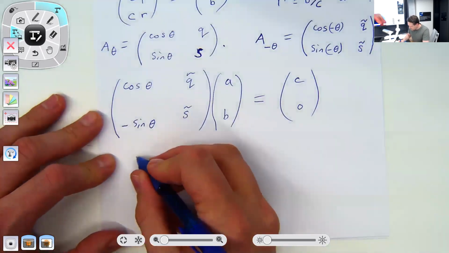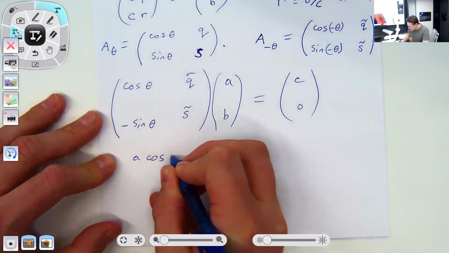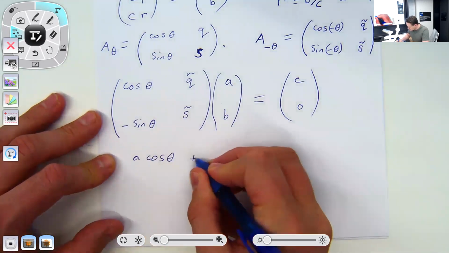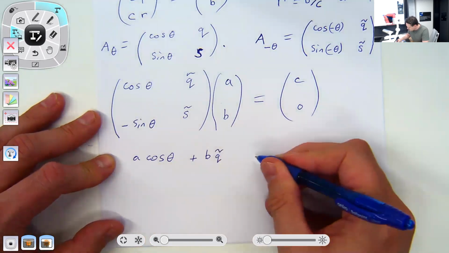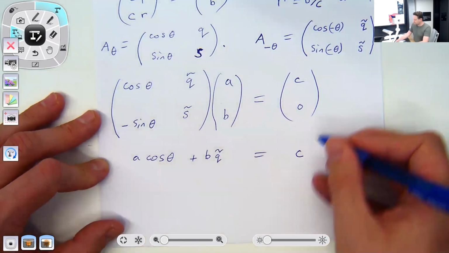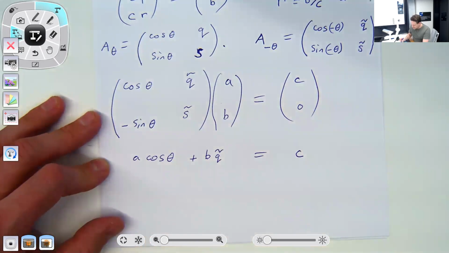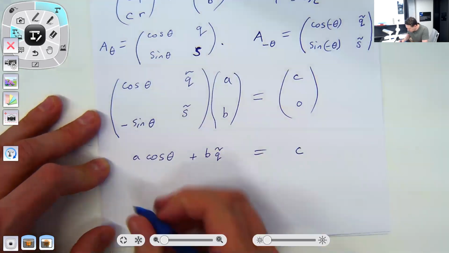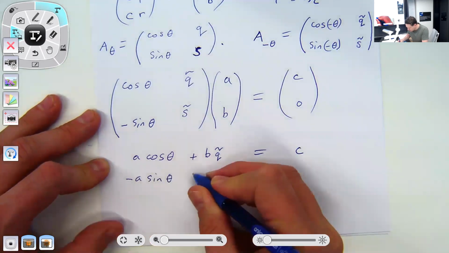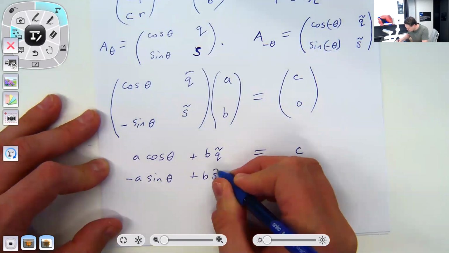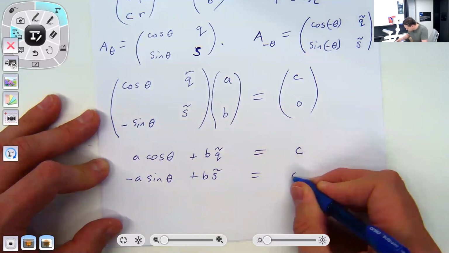So I have then A cos theta plus B q tilde, and that's equal to C. All right, now the bottom row, minus A sine theta, and then plus B s tilde, and that's equal to 0.